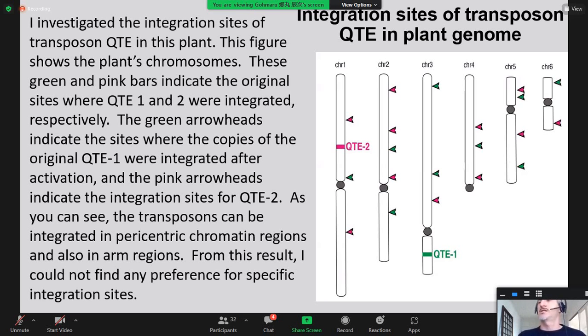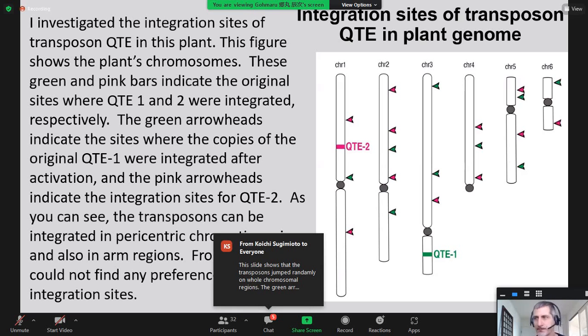Okay, both Shindo-san and Kuroki-san wrote, for the end, "there is" or "there are any." I think you mean "there are not any." It means there's no preference. There is not any preference, or there is not any specific characteristic.